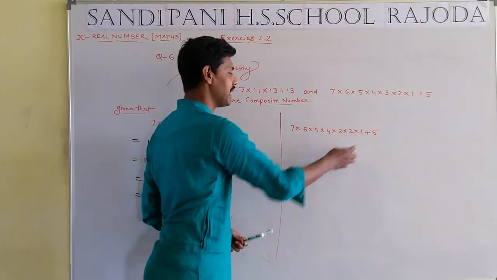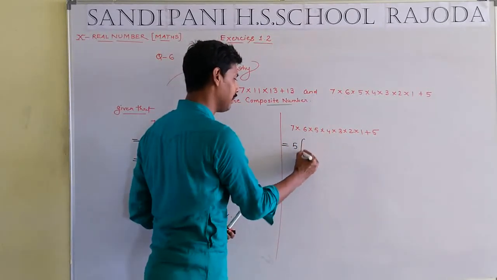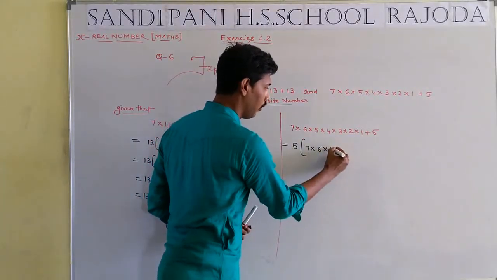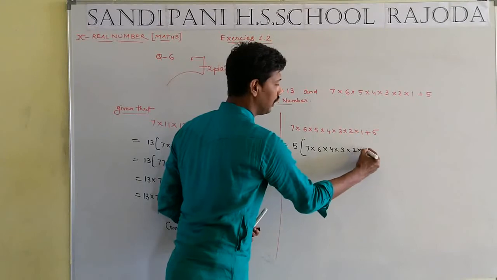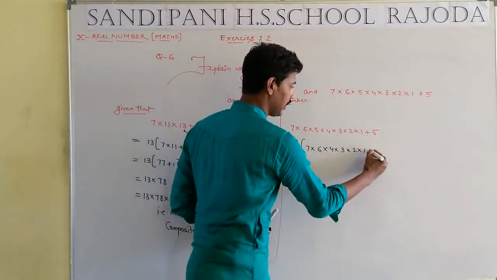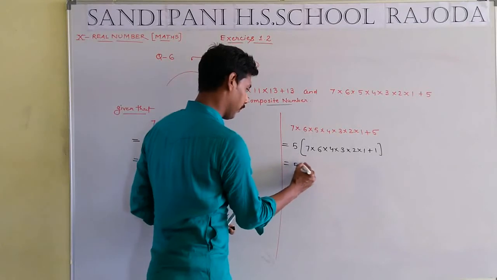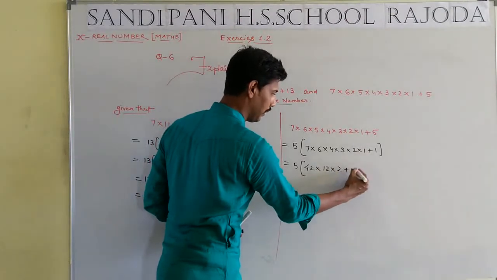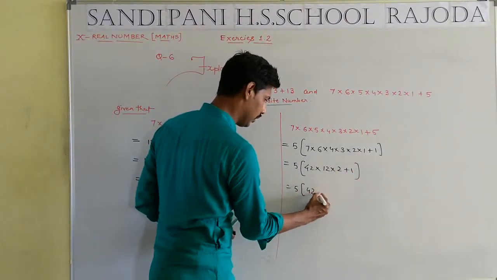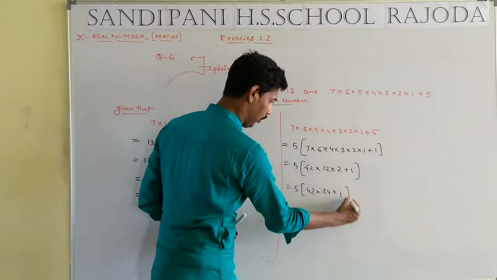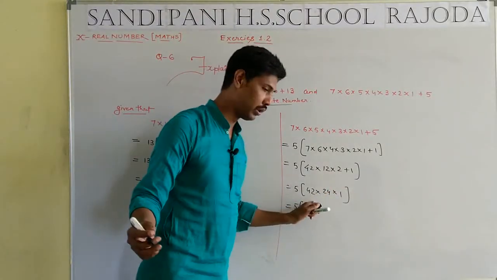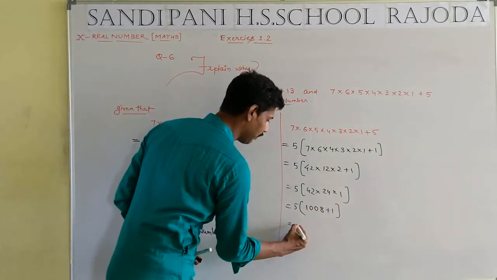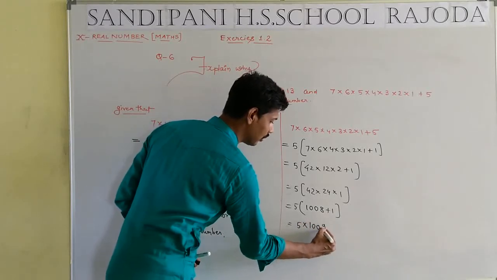That means 5 is a common element, so we take 5 as common. 7 into 6, 5 outside of the bracket, 4 into 3 into 2 into 1, that means 1 is remaining. 7 sixes are 42, 4 threes are 12, 2 ones are 2, plus 1. 5 into 42, how much? 24 into 1. What is the product of 42 and 24? It is equal to 1008. 1008 plus 1 is equal to 1009.